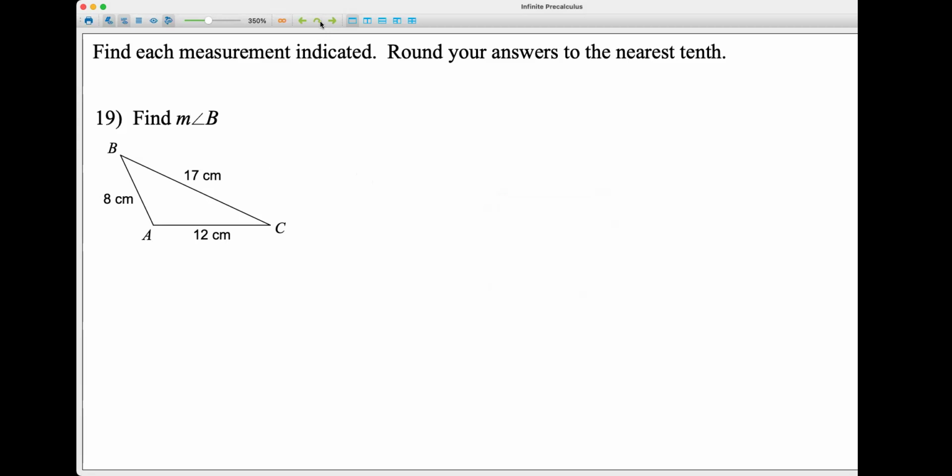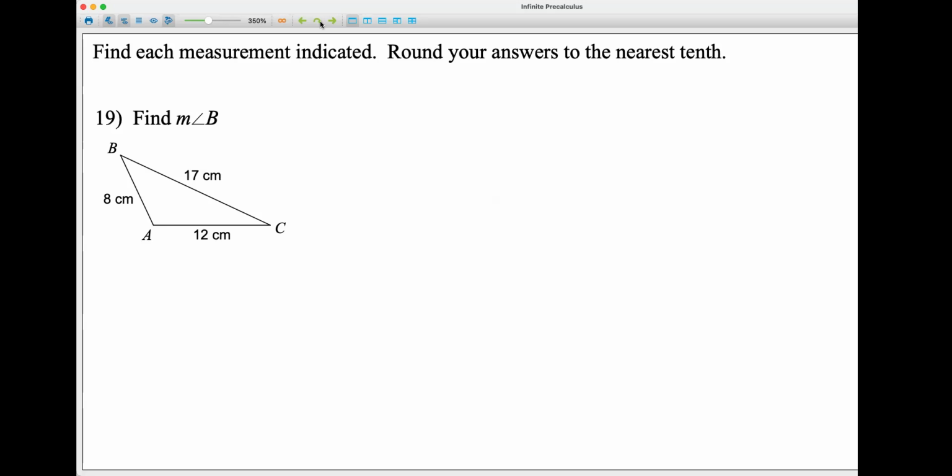All right, it says find angle B. So whatever you're finding, that's going to be the letter we start with. It says capital B, so we're going to start with little b. And little b is opposite big B, so that would be 12.